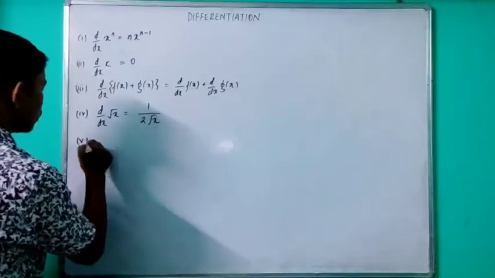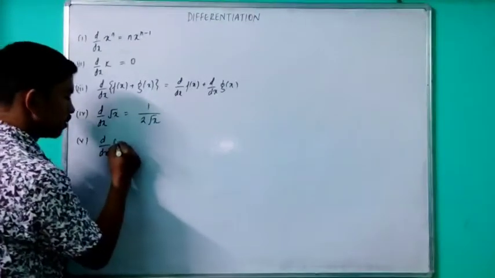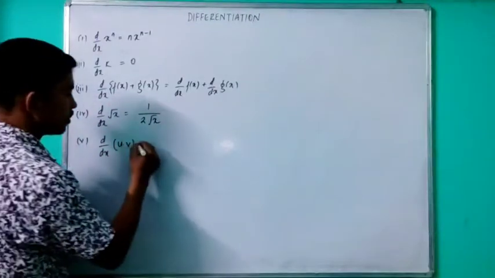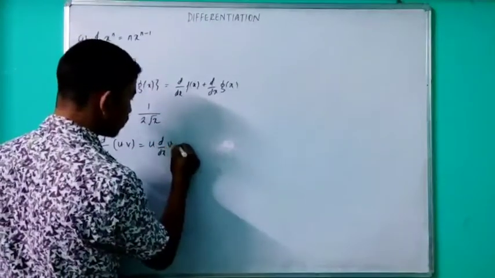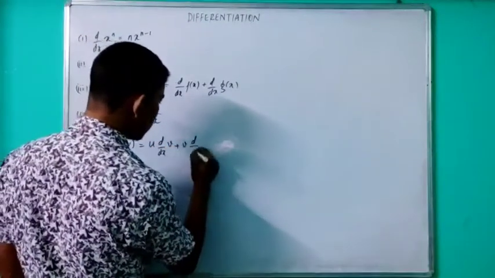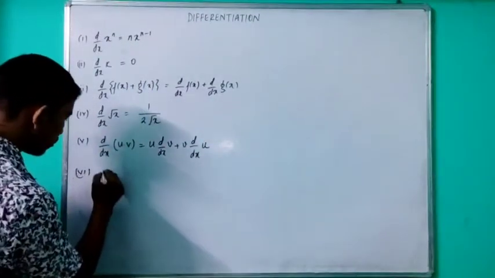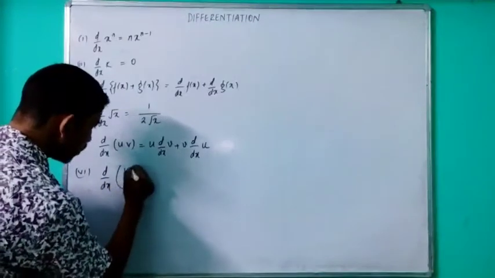Then the sixth was u into v. So if I have d by dx of the two functions u into v, where u is also a function of x and v is also a function of x, it was the first function into d by dx of the second function plus the second function into d by dx of u. Also we have formulas like d by dx of u by v. So how do we do it?